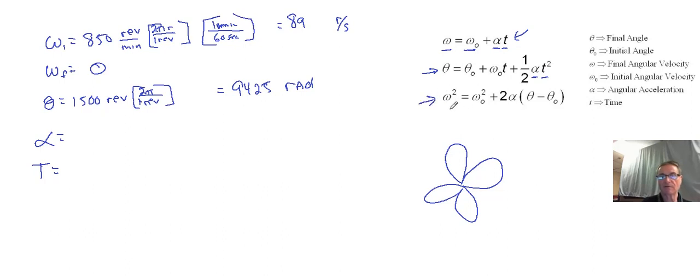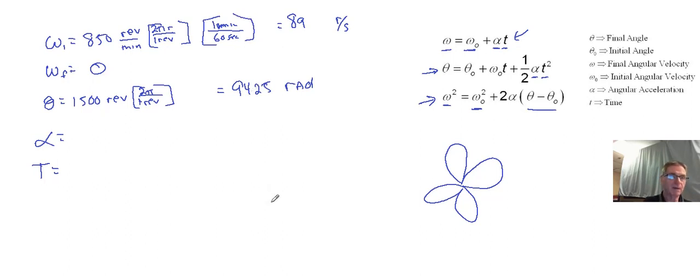But it looks like the very last one here may help us. We have final velocity, initial velocity, and we have our change in radians. The change in radians is 9,425. That's the number of radians that this traveled through in going from initial velocity to final velocity. So we can use the last equation there.